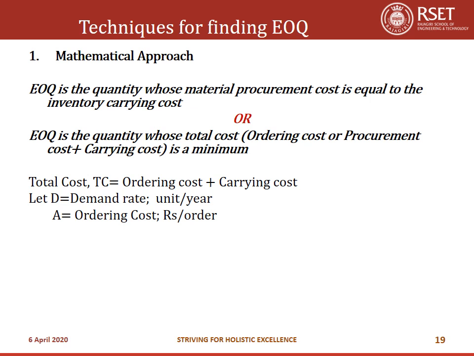Let A be equal to the ordering cost, that is the amount of rupees spent per order. Let Q be equal to the order quantity. Now Q is the number of units in one lot.